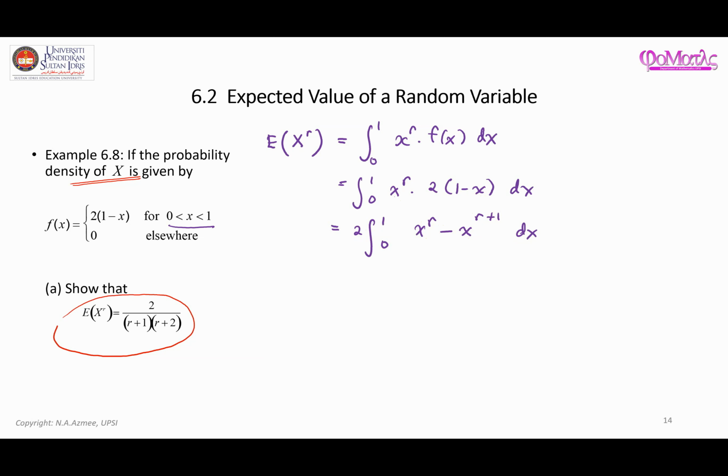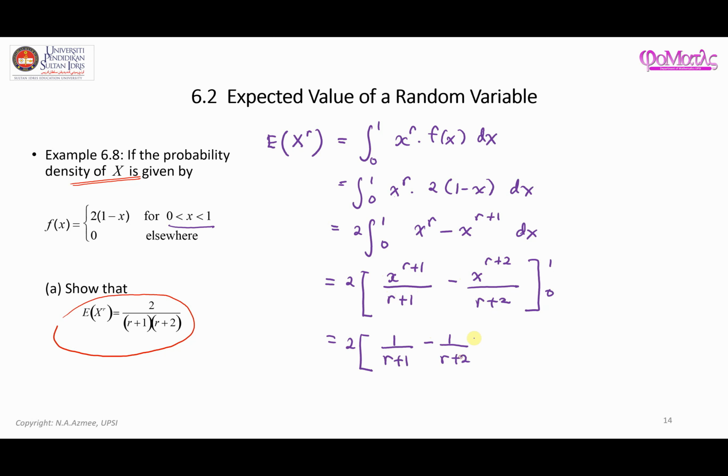Well, if you integrate this, what you will get is x^(r+1) over r plus 1 minus x^(r+2) over r plus 2, the limits from 1 and 0. So substituting 1 into x, you will have 1 over r plus 1 minus 1 over r plus 2. If you substitute 0, you will get 0, so that's it.